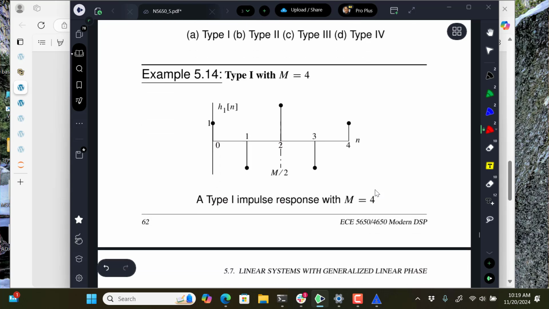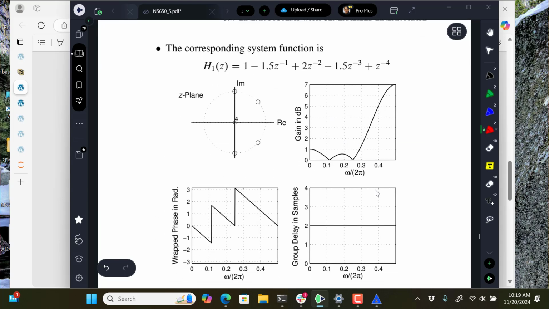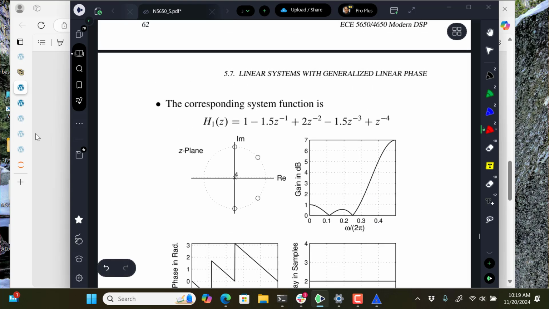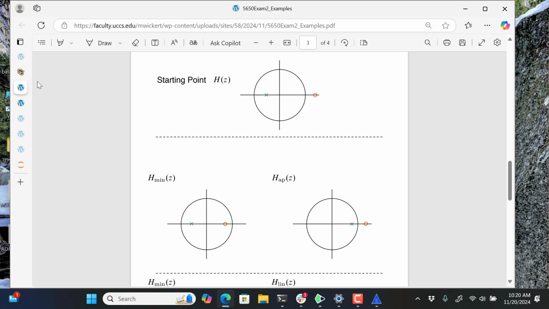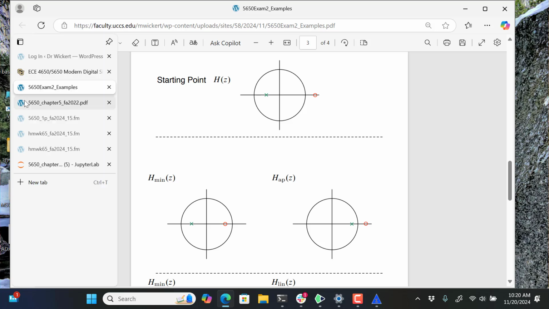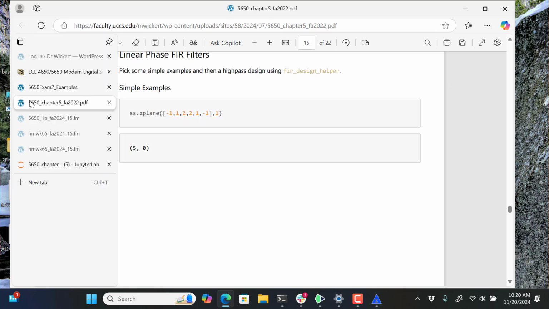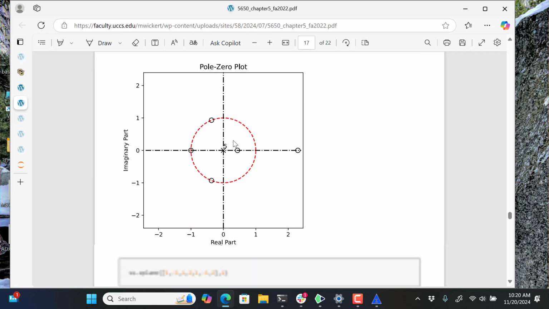So then I have a bunch of examples in here. Nothing too thrilling. You can just see, though, that the group delay is always 0. I'm going to prefer to just jump over to my notes, where I had that.